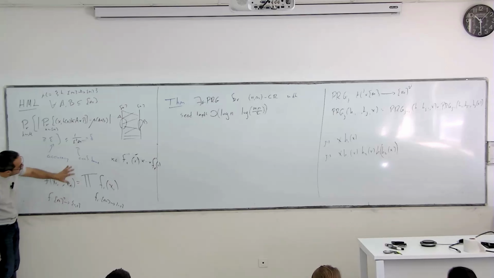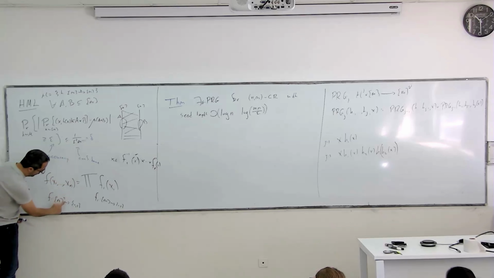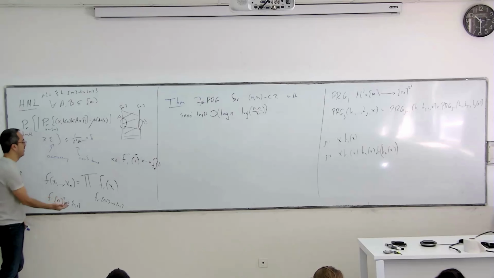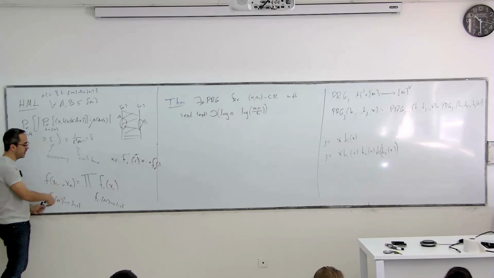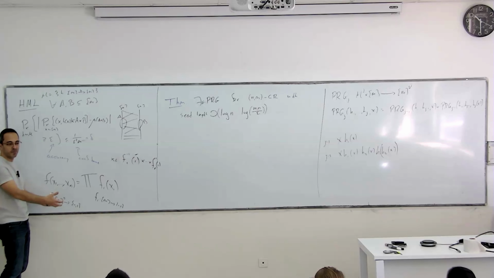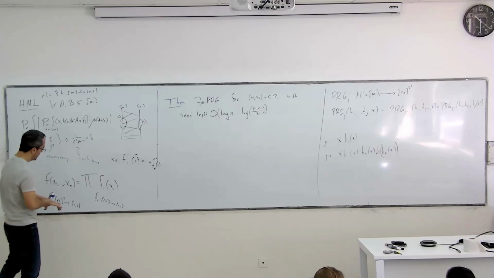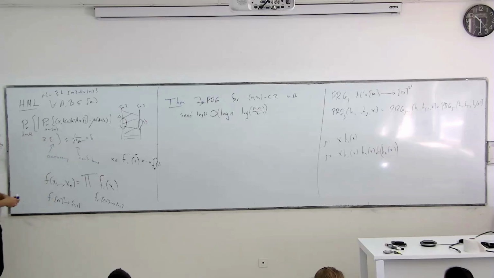So a PRG is really just a few, hopefully very few, points here, such that for every combinatorial rectangle, the number of points that lie in the rectangle is roughly the density of the rectangle. Right, so it's a density approximator.